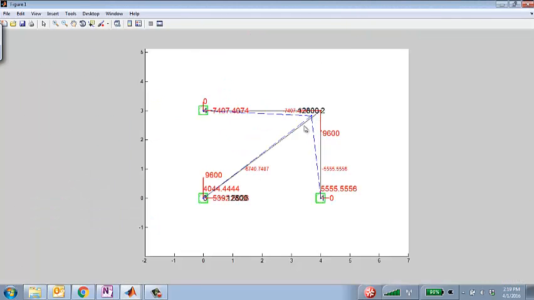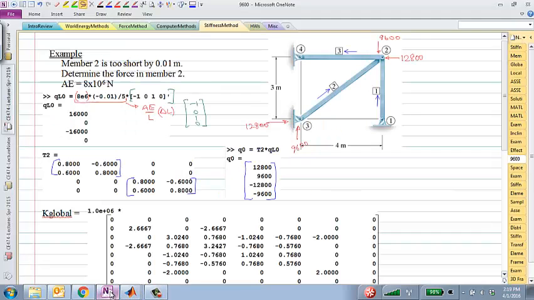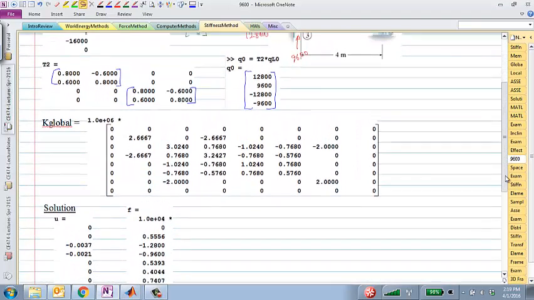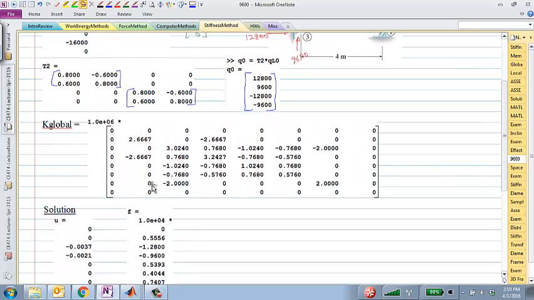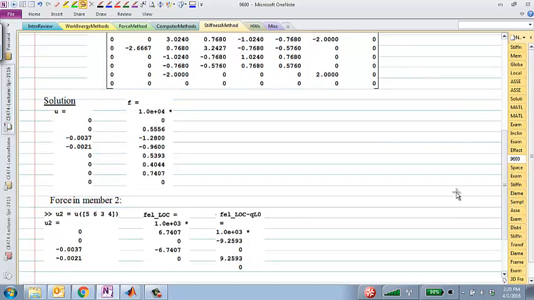And you can see that this member got shortened by a little bit. The force in here is negative, meaning compression, which needs to be corrected by the amount that's given in this handout. So you solve the global system exactly in the same way, calculate displacements and forces.